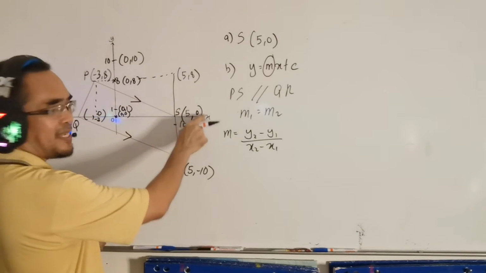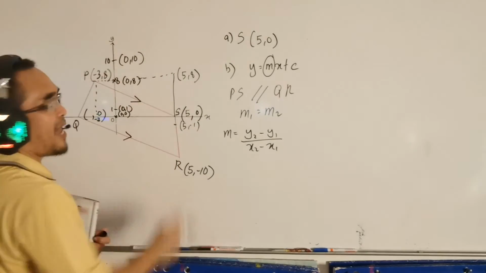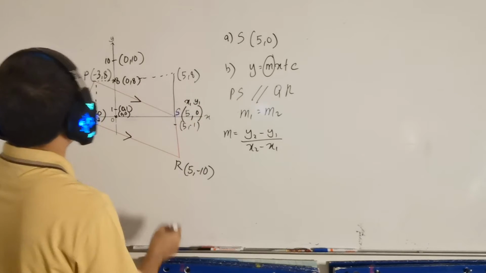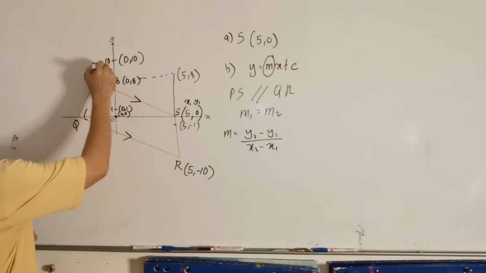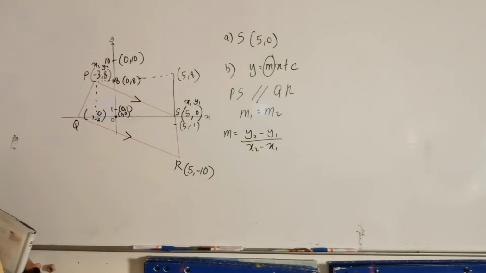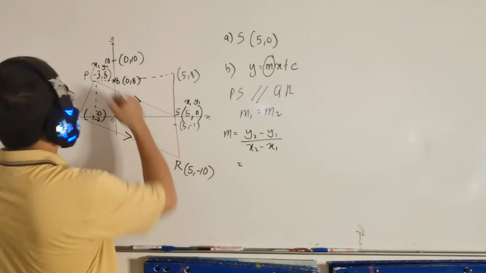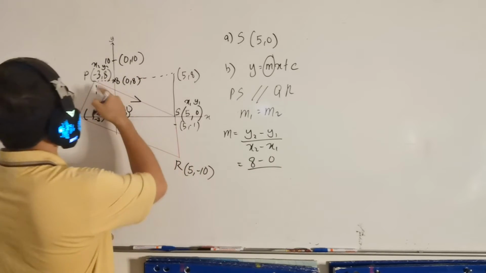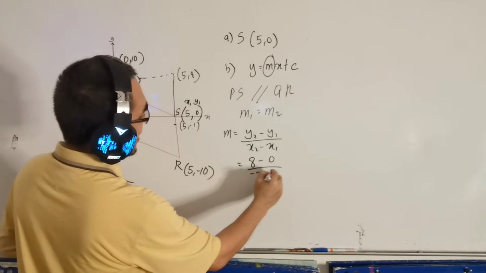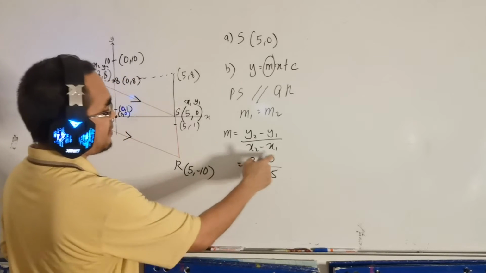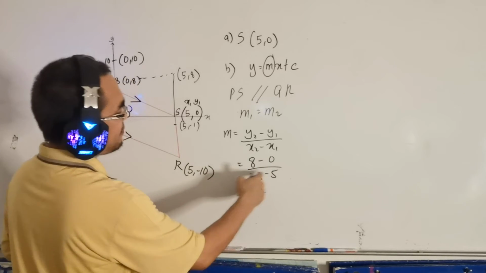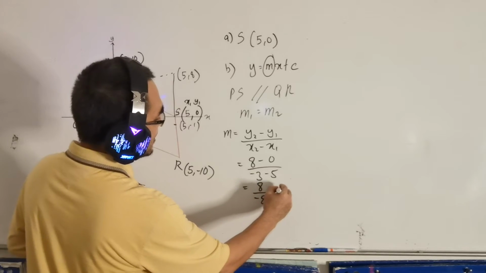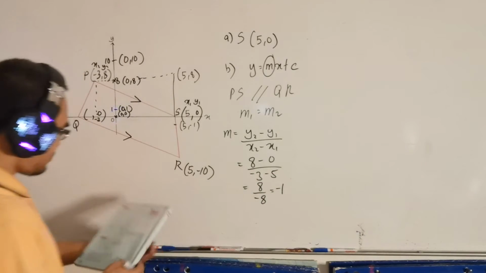If you decide this is x1, y1, then this is x2, y2. It is better for you to label. So y2, which is 8 minus 0, over x2, negative 3 minus 5. 8 minus 0 is 8. Negative 3 minus 5 is negative 8. So the gradient will be negative 1.